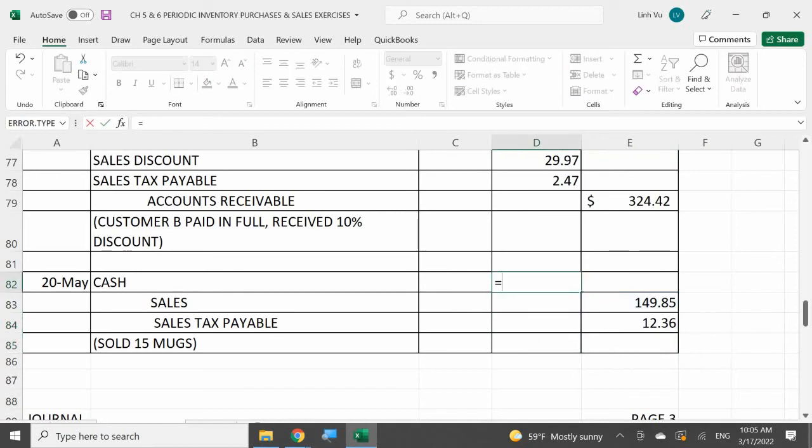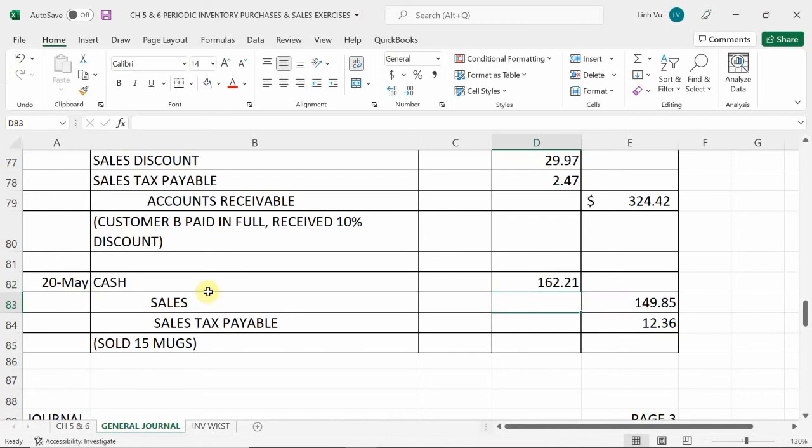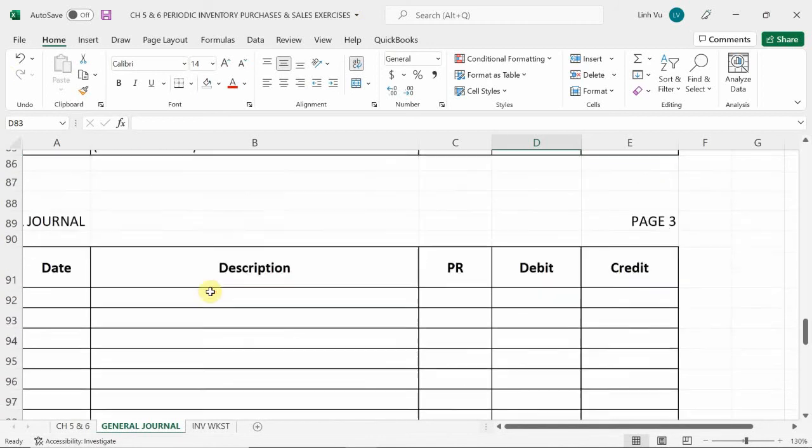So therefore, I should be receiving $162.21 of cash. Okay.